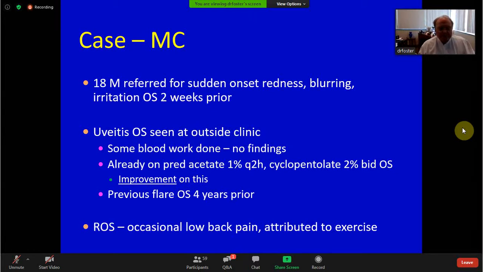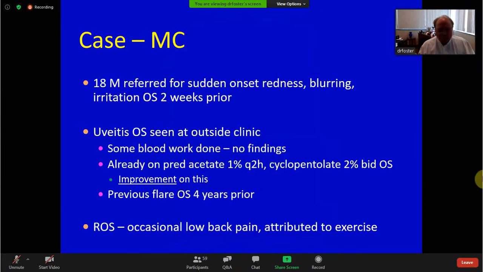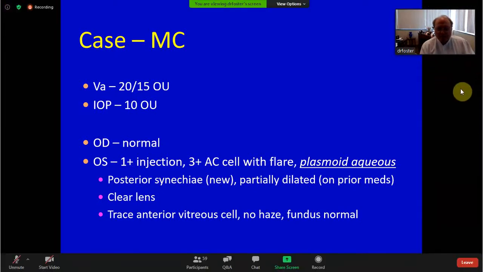He had a previous episode 4 years prior to this, and on careful history taking, he confessed to having had occasional low back pain years earlier that he attributed to exercise.